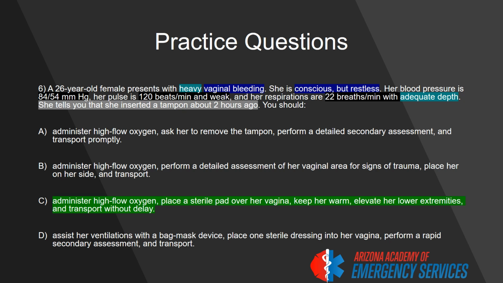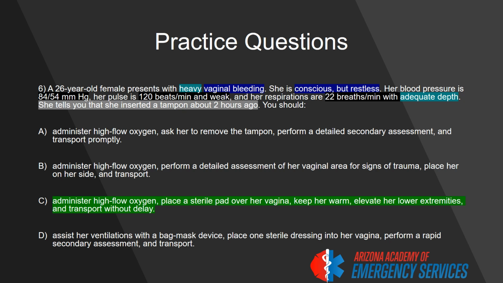When we're talking about gynecologic emergencies, registry and the national curriculum is explicitly clear to neither remove nor insert any device or pad or sterile gauze into the vagina. So we never want to remove anything or place anything into the vagina during treatment of a gynecologic emergency. So that would make A incorrect.